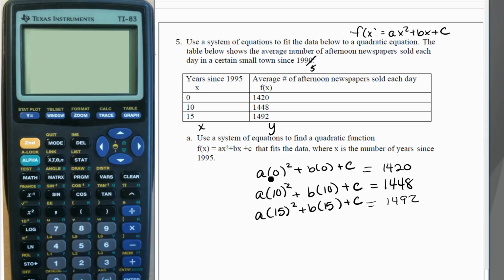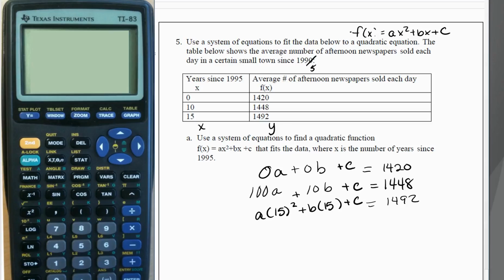Now, this is like 0a, because we have 0 squared, so I'm just going to rewrite that as 0a, and then it's plus 0b plus c. So that'll be the first one. Now this is a times 10 squared. 10 squared is 100, so I'll rewrite this as 100a. And this is b times 10, so I'll rewrite that as 10b plus c.